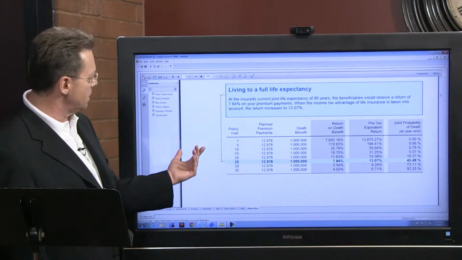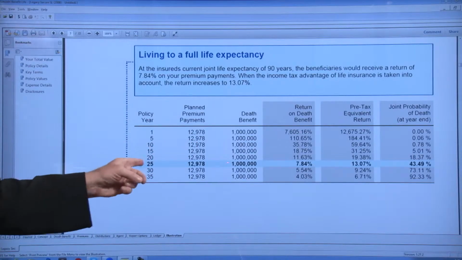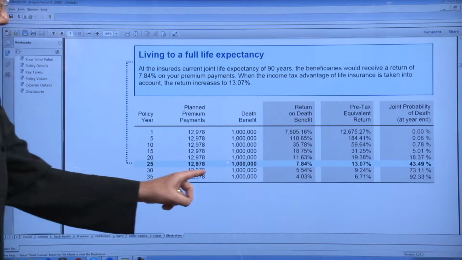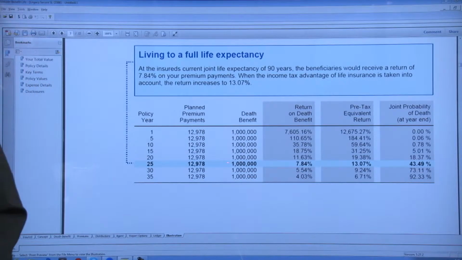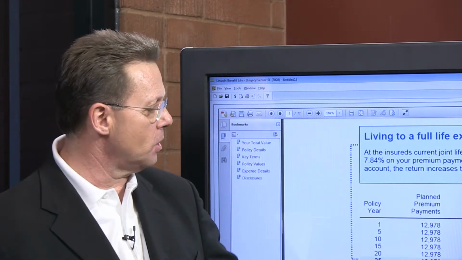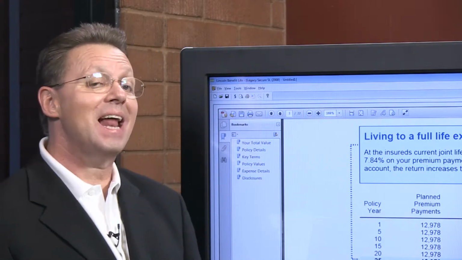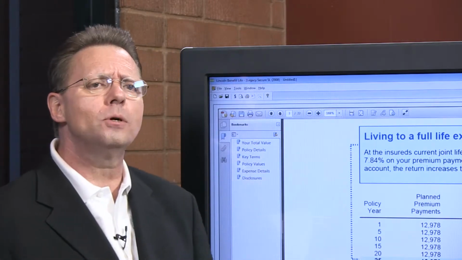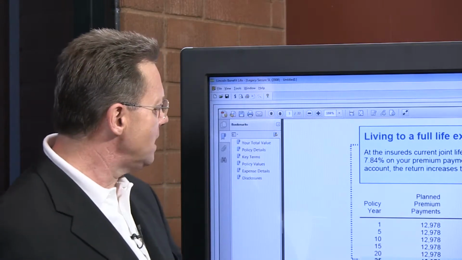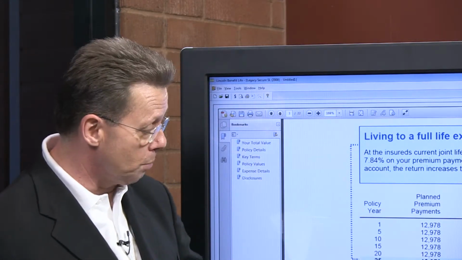So if I hold this contract to my life expectancy, they're showing it at 25, which is at 7.84 tax-free, as long as it's set up correctly. And that number is 7.84 tax-free guaranteed at that time, 25 years out after issue. But let's just be a little more protective, a little more conservative. I say 30 because who knows how long mom's going to live, the female on this boilerplate.